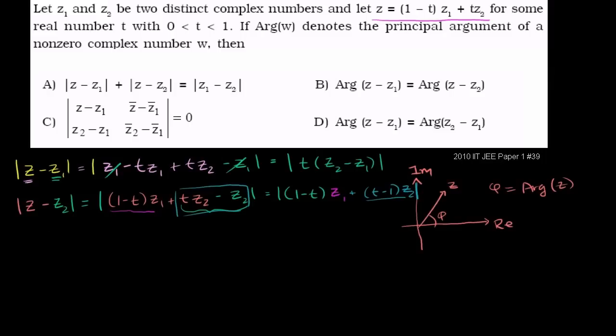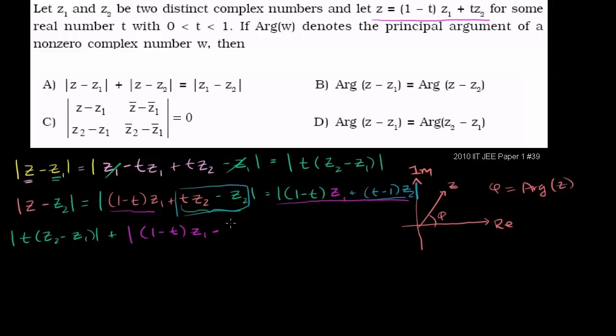So this becomes the magnitude of t times (z2 minus z1), plus this thing over here. Before I even write it out, how can we simplify that? We'll have a 1 minus t and a t minus 1. I'll just write it out here, but I'm going to change it up a little bit. So this is equal to the magnitude of (1 minus t) times z1, and so that I have a 1 minus t here, I'm just going to put a negative out front.